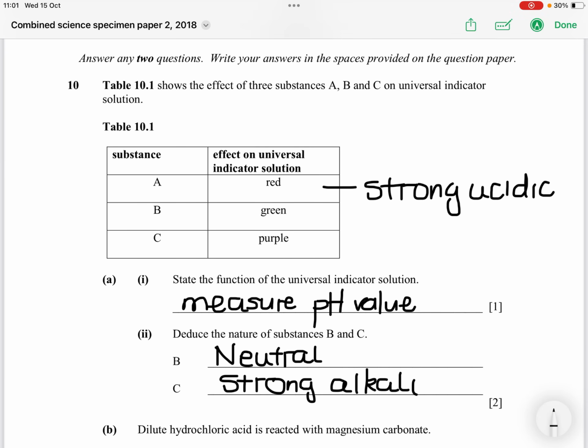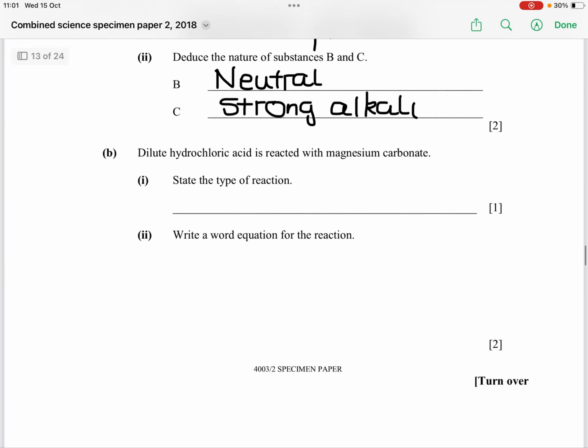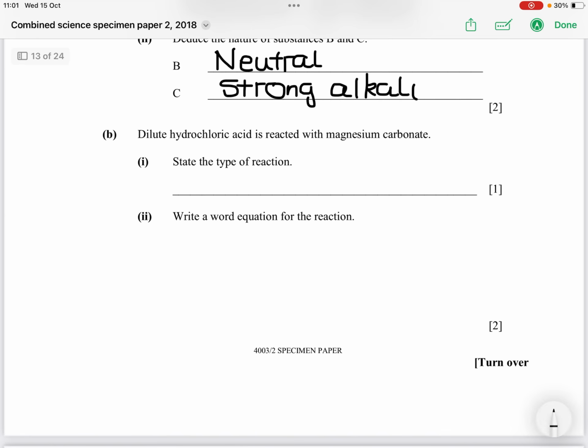Then B, which is green, is a neutral solution. And then purple is a strong alkali. So make sure that you understand the universal indicator and also the litmus paper, how the acids and bases behave using the litmus paper and also the universal indicator.